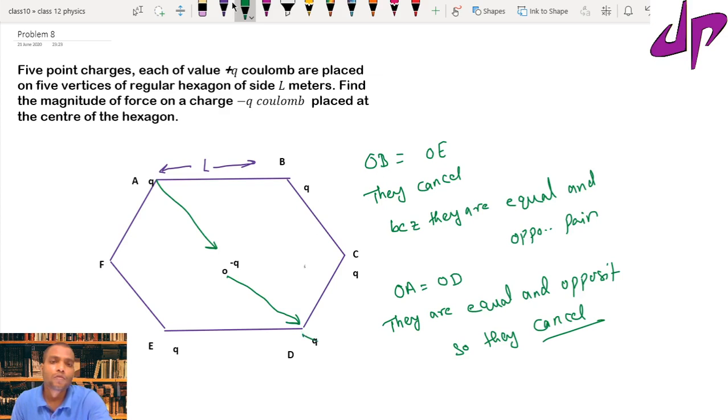So there is no force due to this charge, no force due to this charge, no force due to this charge, and no force due to this charge. And in this position the charge is empty, so there is only force between this charge and this charge, plus and minus q.